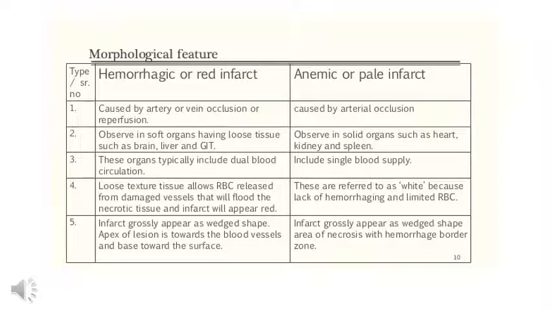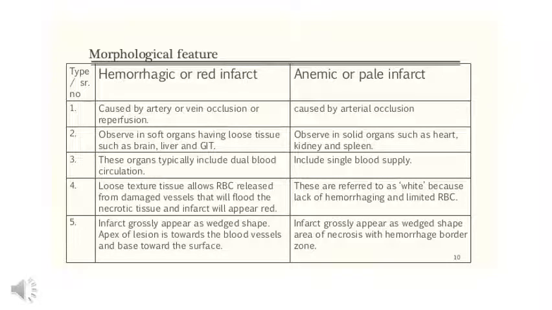So in case of white or pale infarction, which is actually caused by the occlusion of arterial blood supply in those organs which are actually solid, like heart, kidney and spleen, it is very difficult for RBCs to move out from the blood vessel because of the solid texture of the tissue or organ.